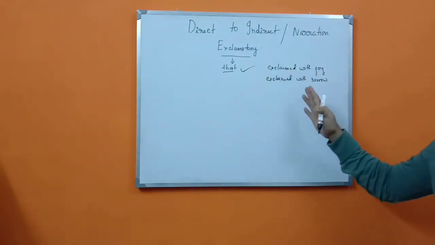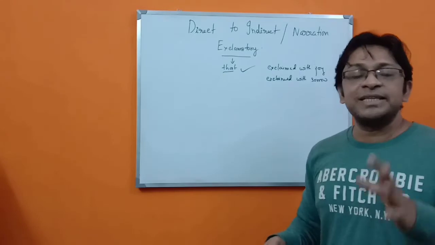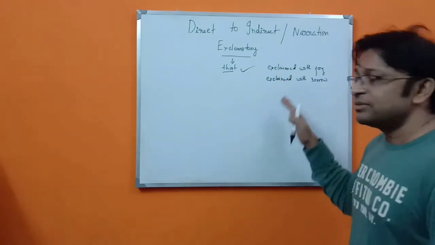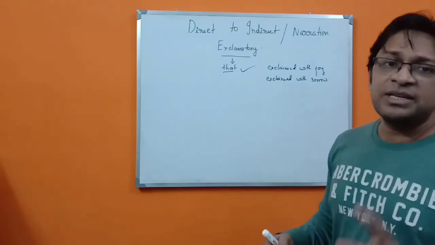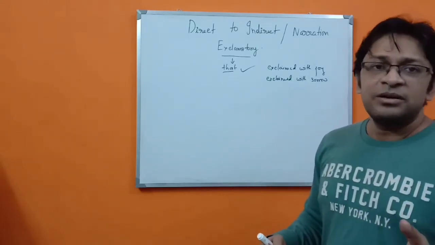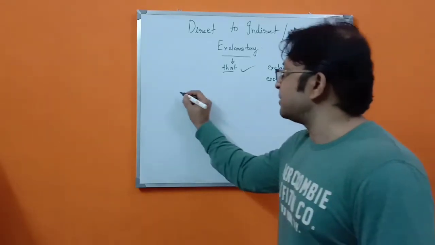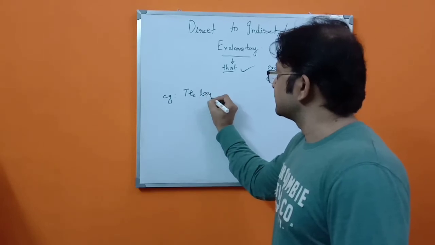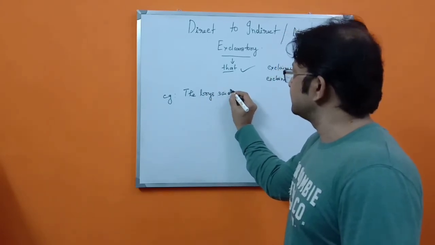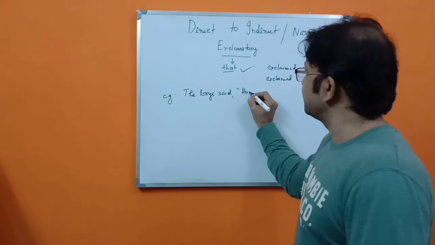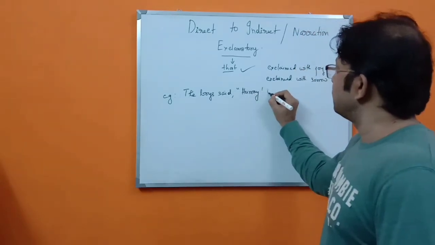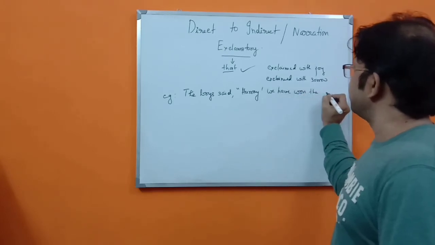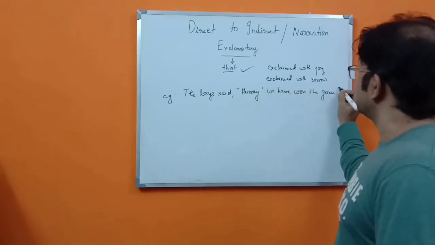This represents when what is being said is in a happy mood, and the second one when it is said because some sad event has happened. Now, for example: The boys said, "Hooray, we have won the game."